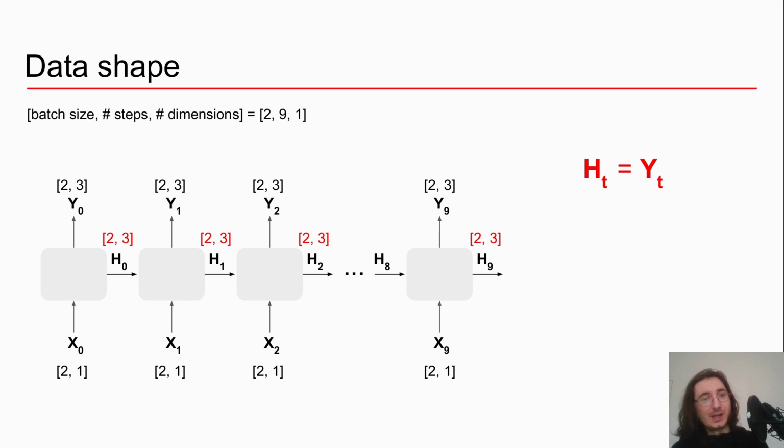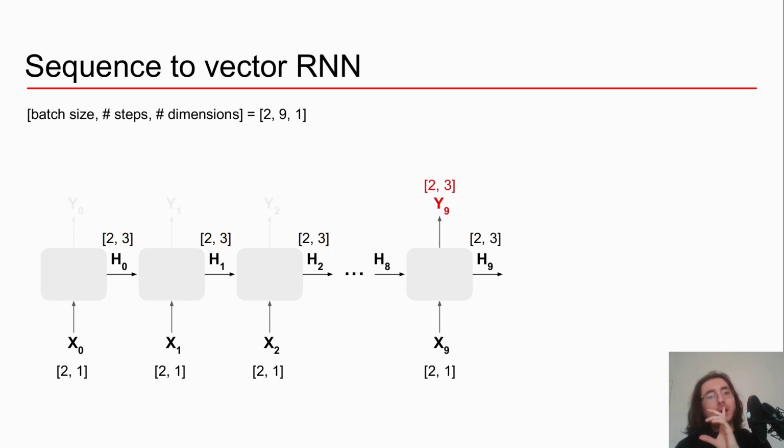That's good. Okay, so now let's take a look at a couple of flavors of RNNs. We have one that's called sequence to vector RNN. And here the idea is that we input a sequence, but the output that we get is only a single vector.